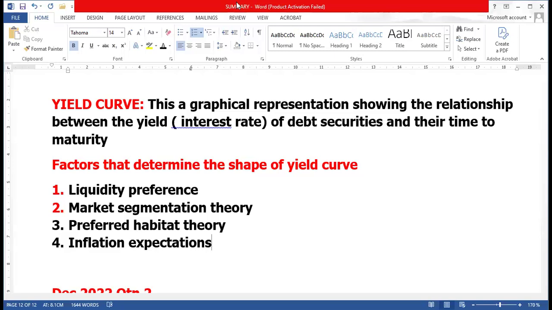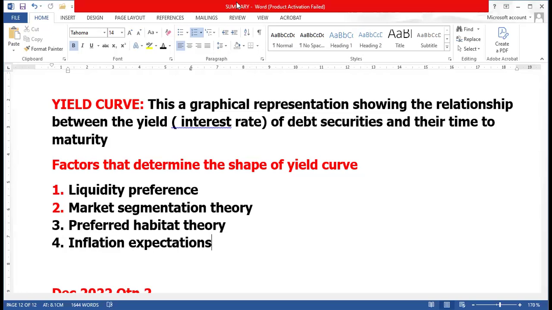If investors expect higher inflation in the future, obviously they will demand higher yields to compensate for the loss of purchasing power. If you as an investor expect a higher inflation, because you're taking high risk, you will need more compensation. So that results in an upward sloping yield curve.